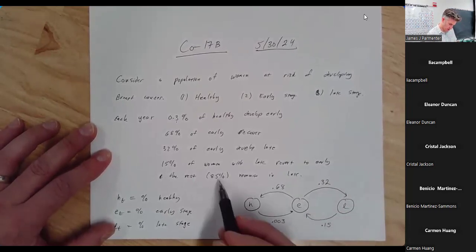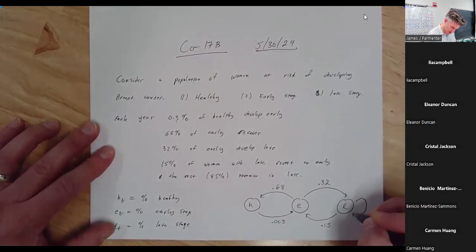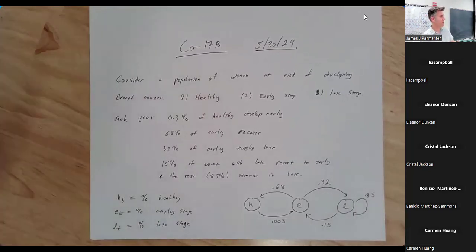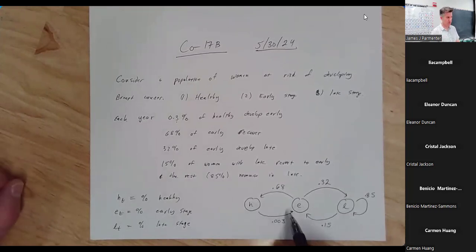And finally, the rest of the women who are late stay late. So 85% of the lates stay as late. Now, there's something missing from all the things I've said. 0.3%, or 0.003, of the healthy go to early. What about the rest of them?